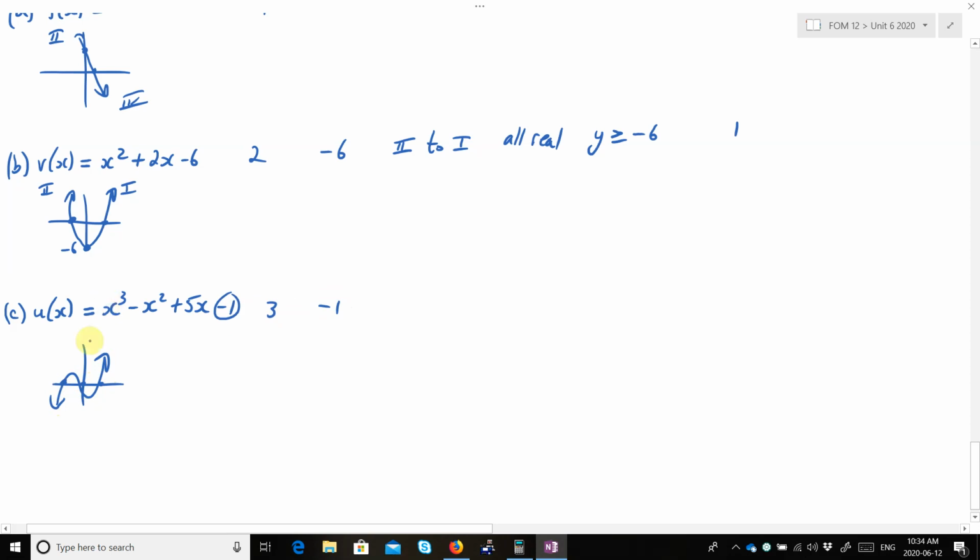The end behavior, a positive cubic, yes, goes from 3 to 1, like this. The domain is all real because the graph goes from left to right forever, and the range is all real because the graph goes up and down forever. And the number of possible turning points, it turns here and turns here, so there are 2 possible turning points.